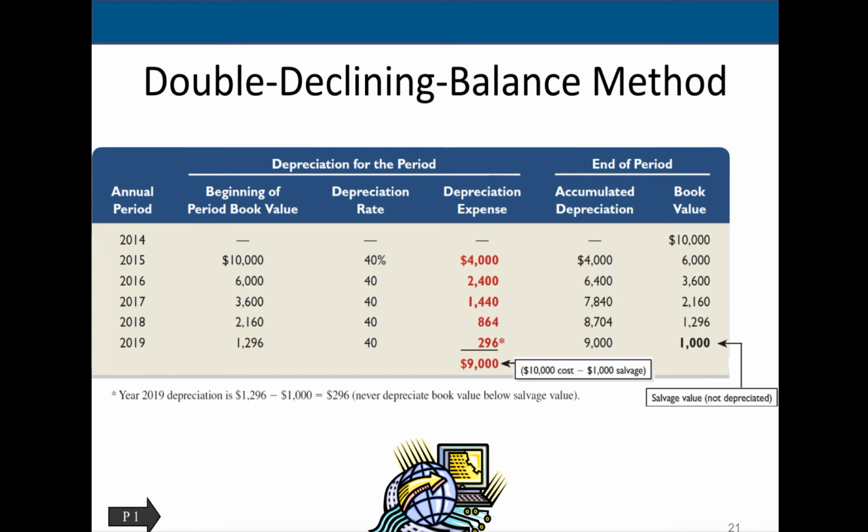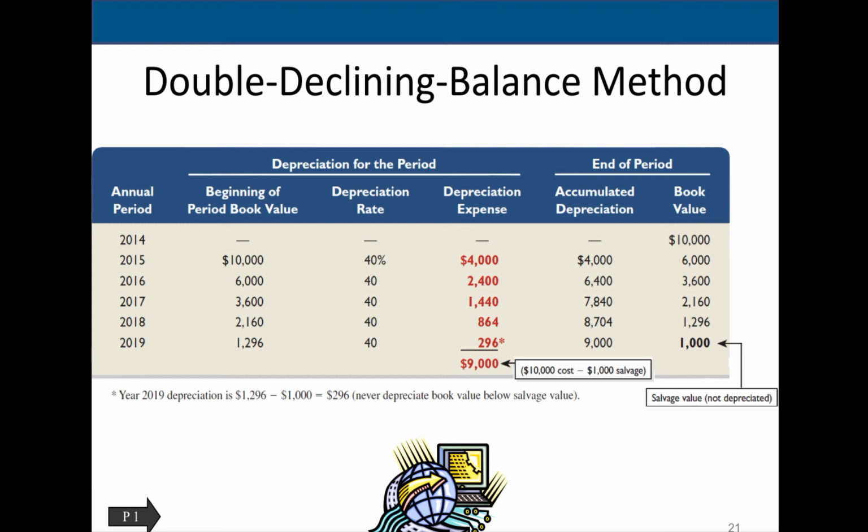So in this last year, regardless of what 1296 times 40% is, that's going to be some number greater than what we have left. Okay, so at this point, all we're left with is whatever the difference is in what the total amount of depreciation we've recognized and what we're able to recognize.